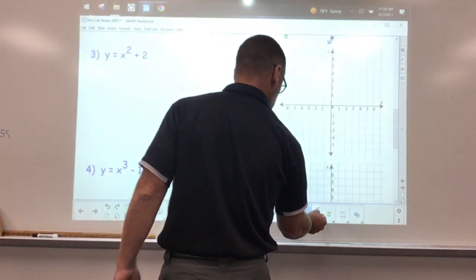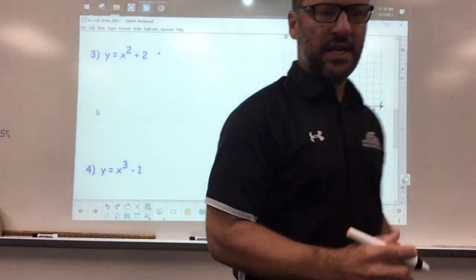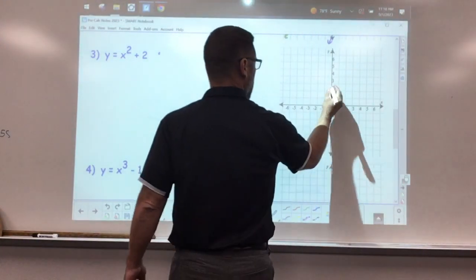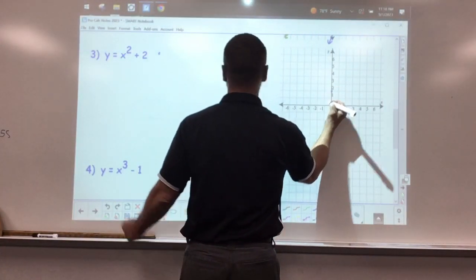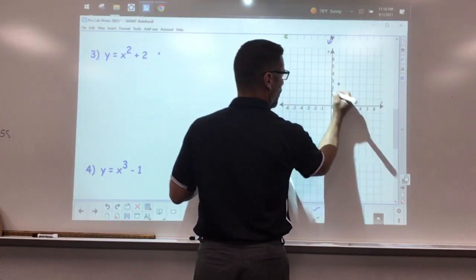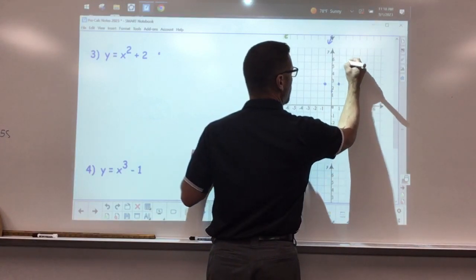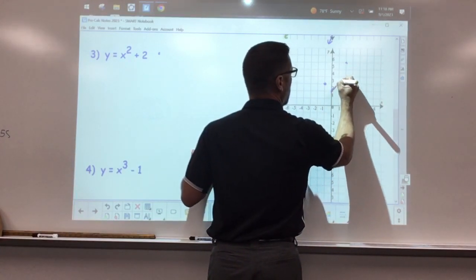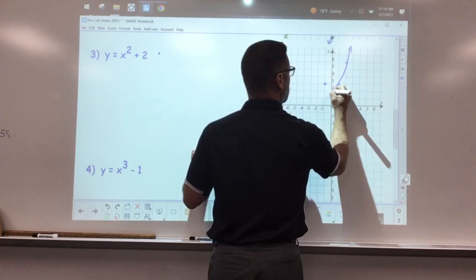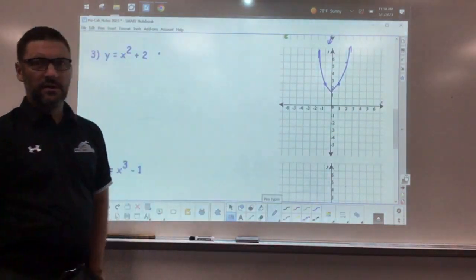Yeah, I should have a U shape up 2. So I'm going to do that in blue. And I'm going to be pretty specific when I do this. I'm going to go through 0, 0, over 1, up 1, and then maybe even 2 by 1, 2, 3, 4. And I'm going to go like that, something like that. That's a pretty good graph.